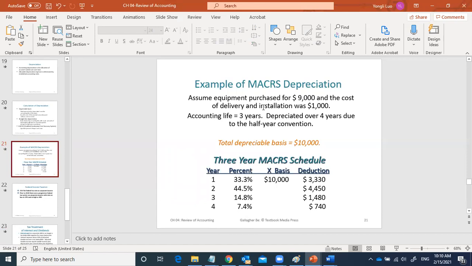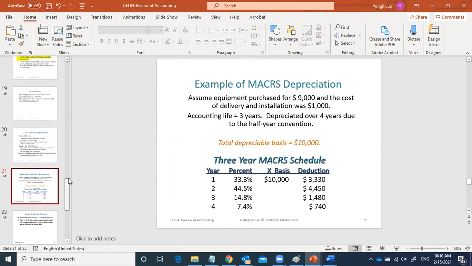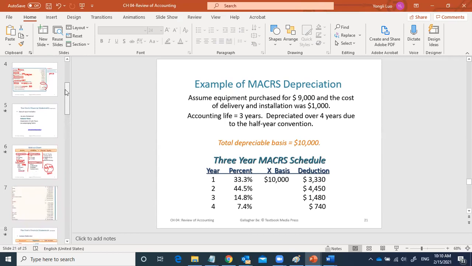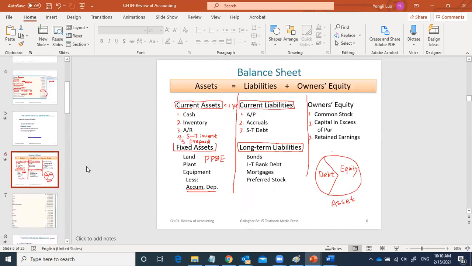What type of depreciation method you use is going to affect your balance sheet, because you can see this is the accumulated depreciation. If you depreciate more, the total fixed asset value is going to decrease, right?